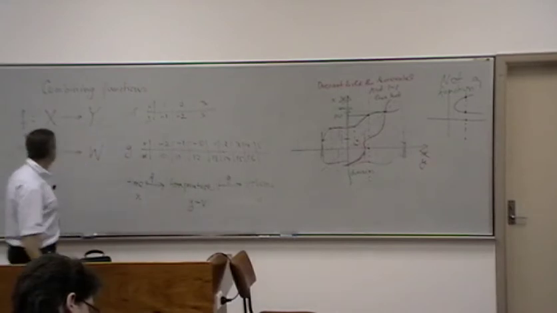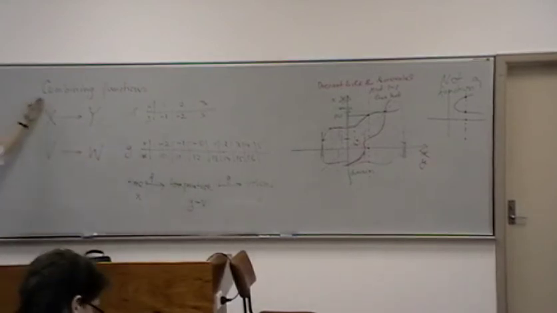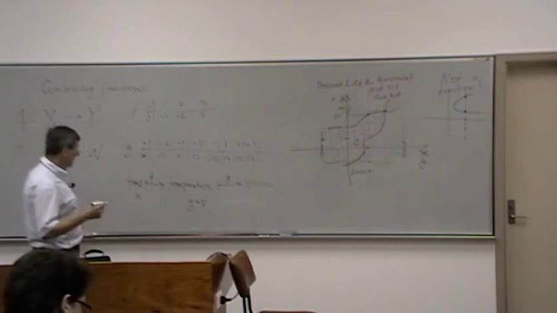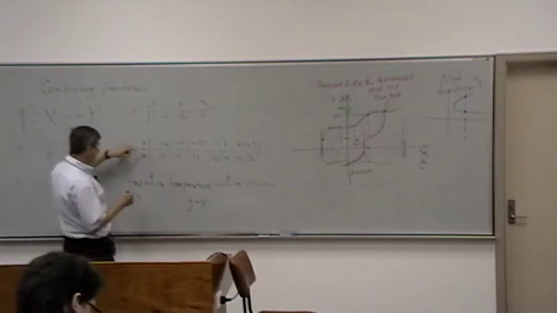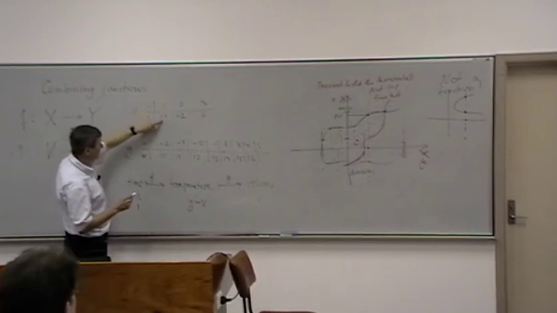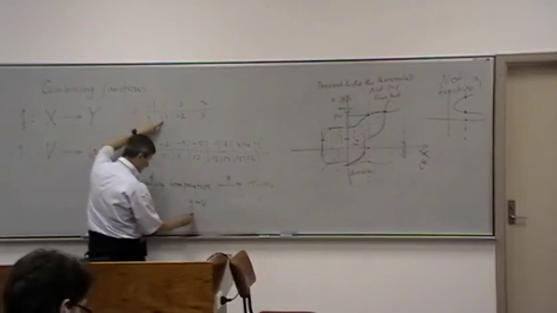This is called the composite of the two functions, first f and then g. And in this case we can do it. So we start with an input 1. The input 1 gives us output -1.